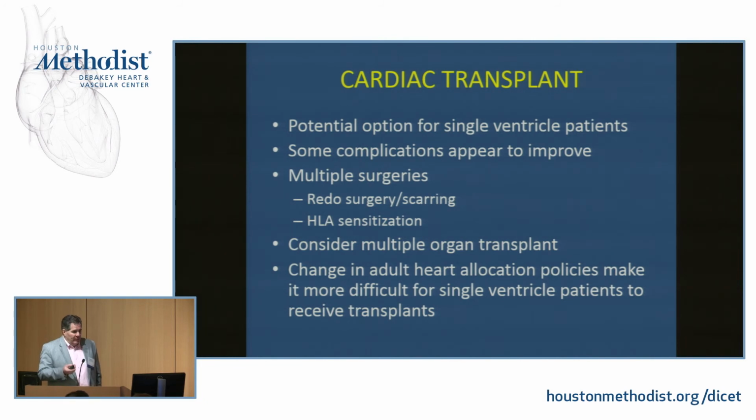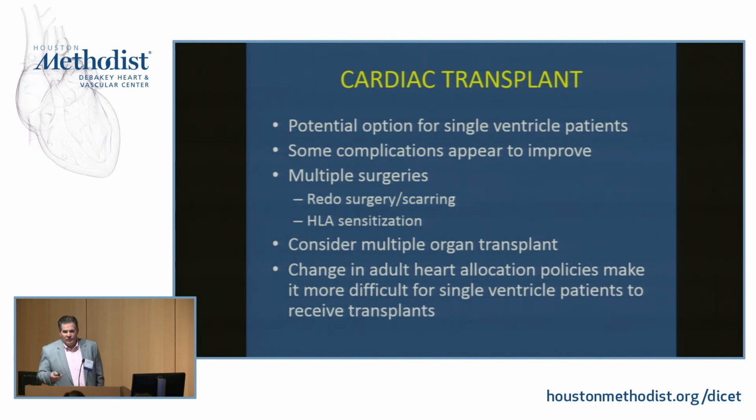Just to talk briefly about transplant as a potential option for single ventricle patients, some of the complications of Fontan circulation appear to improve. There is a risk of transplant, including the fact they've had multiple surgeries. It's a redo surgery, they have scarring, they may be sensitized.